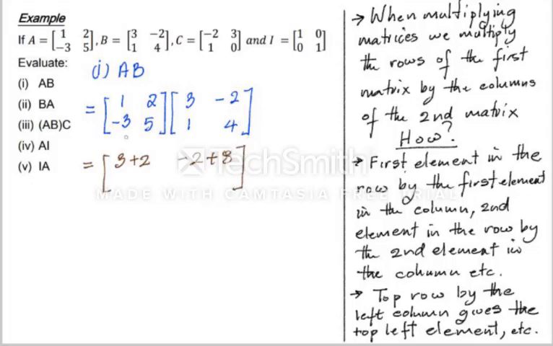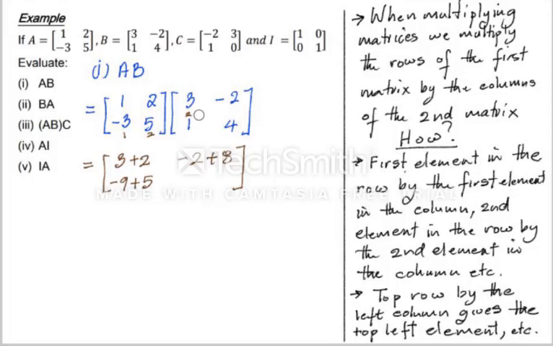Now let's go to the bottom row. The bottom row by the left column gives the bottom left element. So minus 3 times 3 is minus 9, and 5 times 1 is 5.